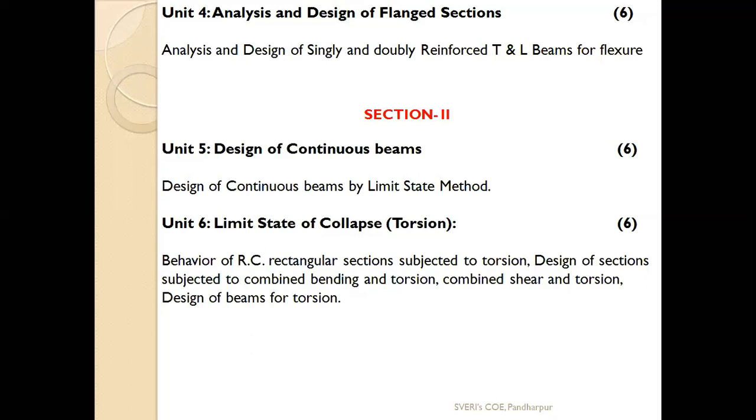The another name for torsion is twisting movement. The twisting movement and torsion are one and the same thing. So we will see how the rectangular section behaves when it is subjected to torsion, bending, and shear. Okay. So when we come to this chapter, then we will see this in detail. Now this is a brief introduction for this.